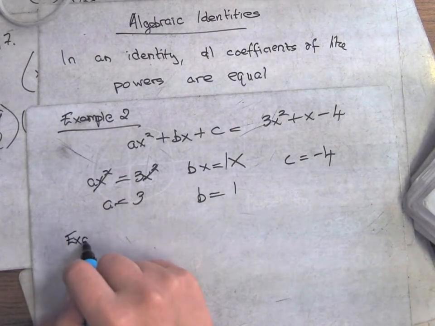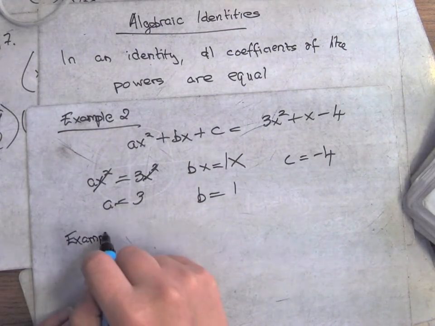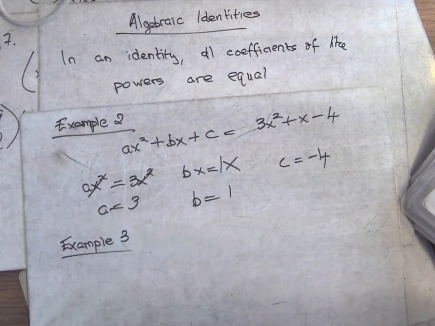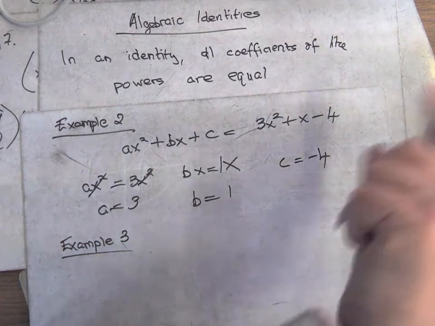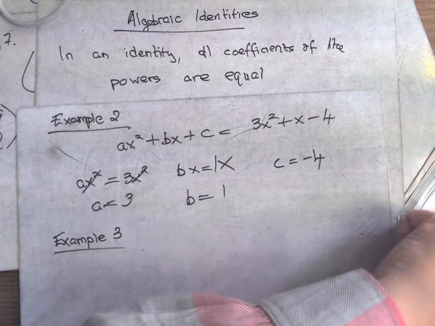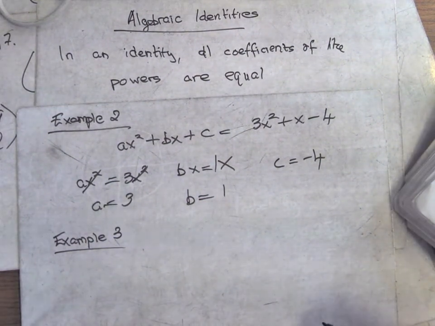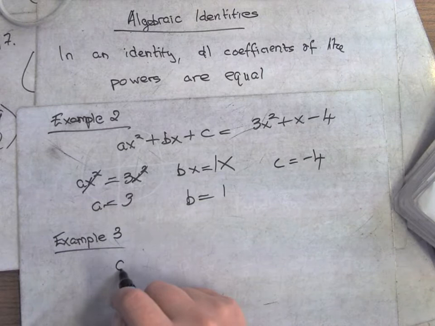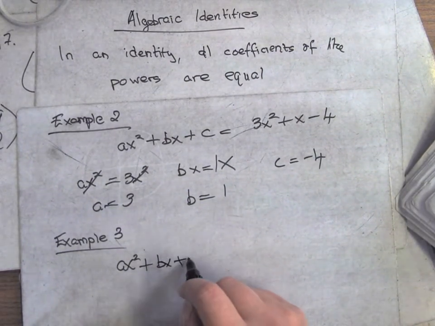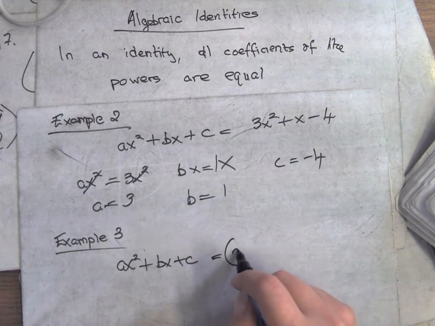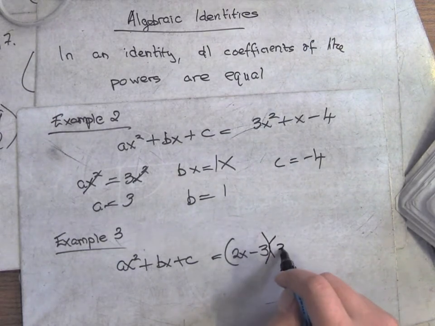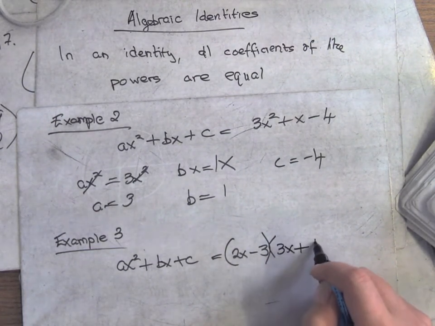So example 3. Okay, and I'll do some exercises out of the book. Hang on a sec. If I have ax squared plus bx plus c equals 2x minus 3 times 3x plus 4.